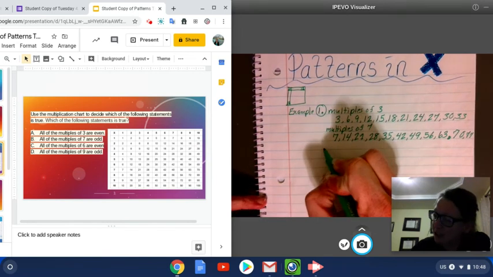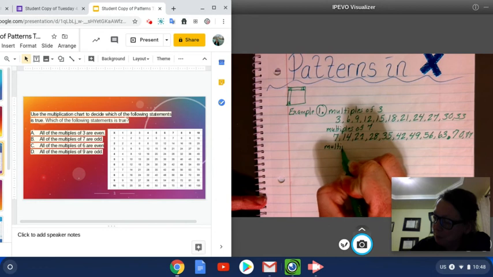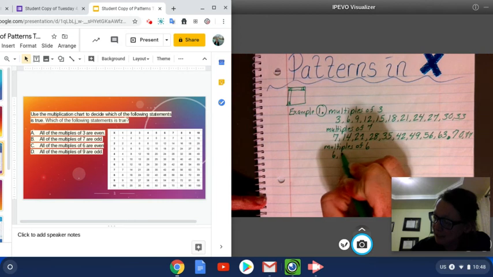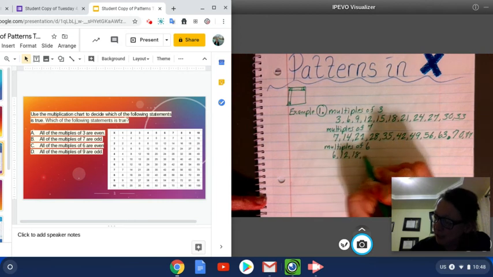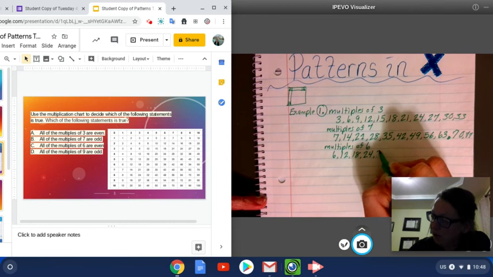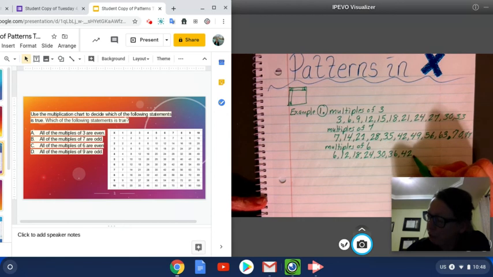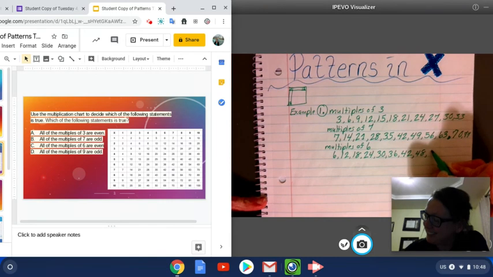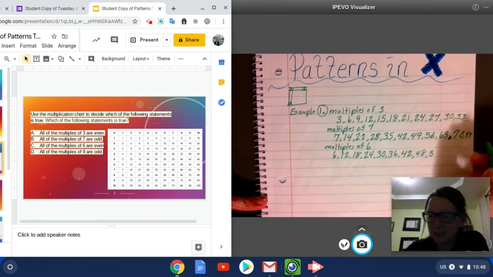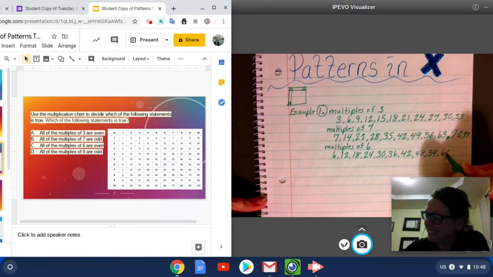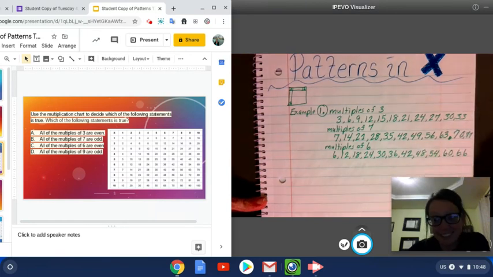So let's look at C. The multiples of 6 would be 6, 12, 18, 24, 30, 36, 42, 48, 54, 60, 66.